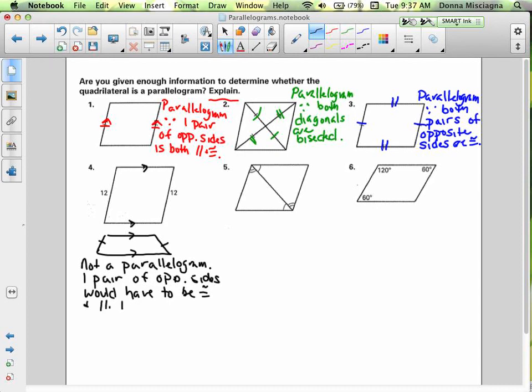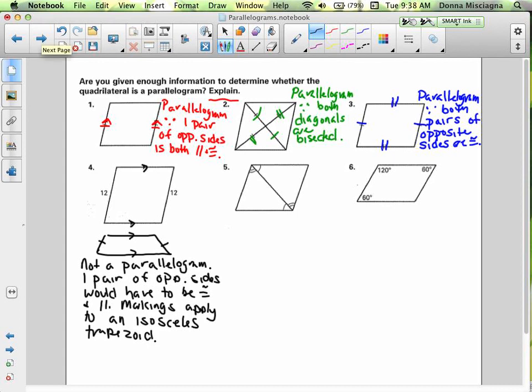So the markings show an isosceles trapezoid, or I could say the markings apply to an isosceles trapezoid. And that's what I drew below it, all right?